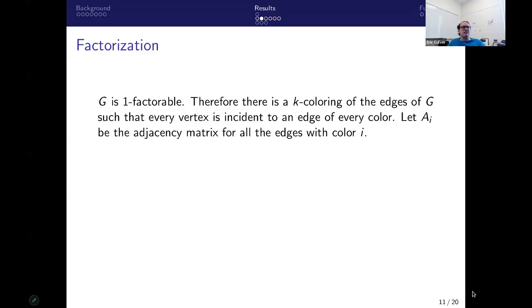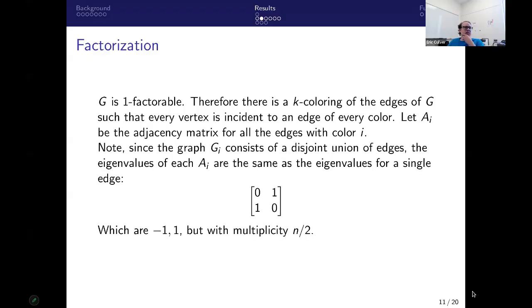And each of these adjacency matrices is just going to be a disjoint union of edges. And so they're just going to consist of blocks that look like this. Maybe the blocks are spread out over the graph, but they're just going to be 0, 1, 1, 0 blocks.